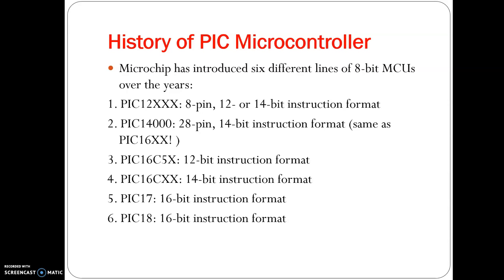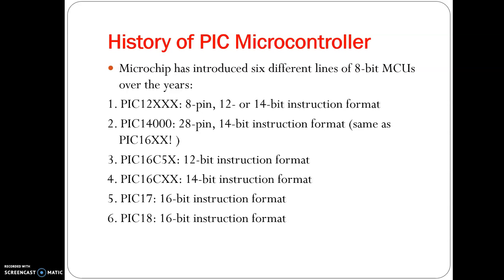From this list, let's see the 6 different 8-bit microcontrollers which they have introduced over the years. The first one is PIC12, which is 8-bit and has an instruction format of 12 or 14 bits. The second one is PIC14000, which has a 28-pin and 40-pin format. The next one is PIC16C5X, which has a 12-bit instruction format.